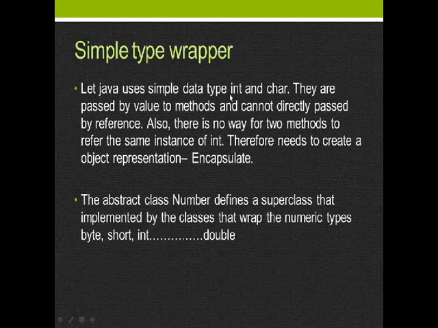Simple data types are int, char, double, boolean, etc. They are passed by value to methods and cannot be passed directly by reference. Also, there is no way for two methods to refer to the same instance of an int. Therefore, we need to create an object representation, that is actually encapsulation, float to Double.